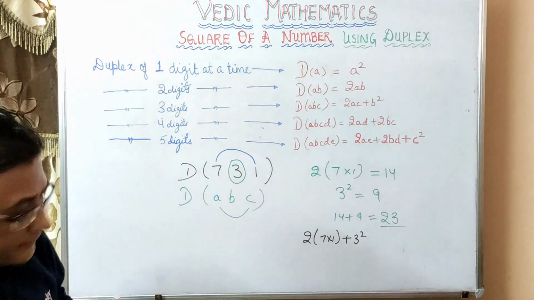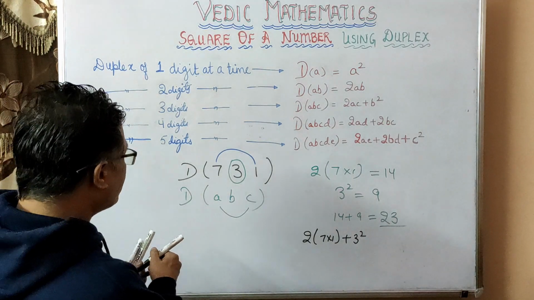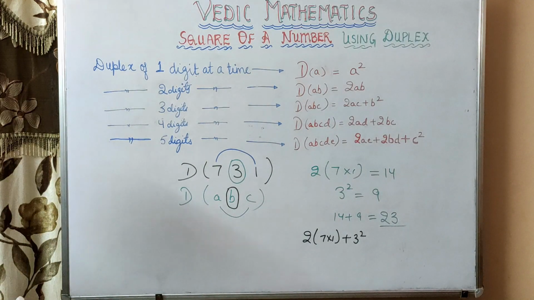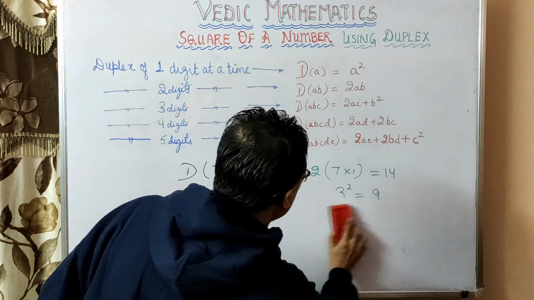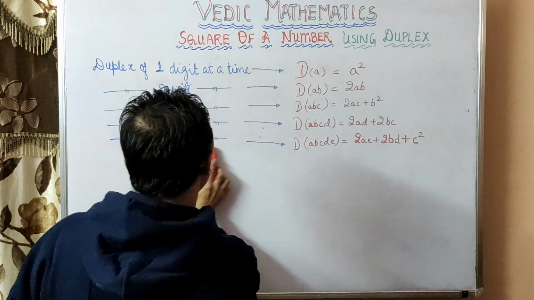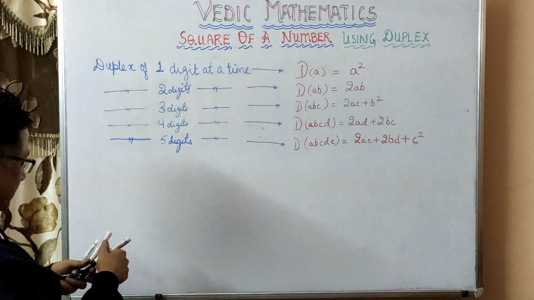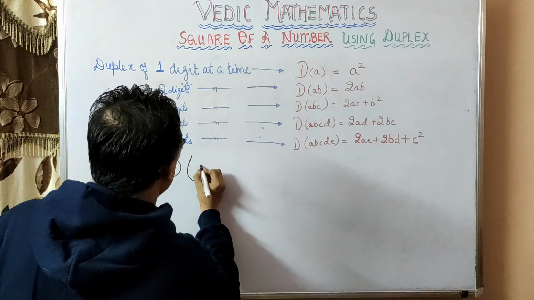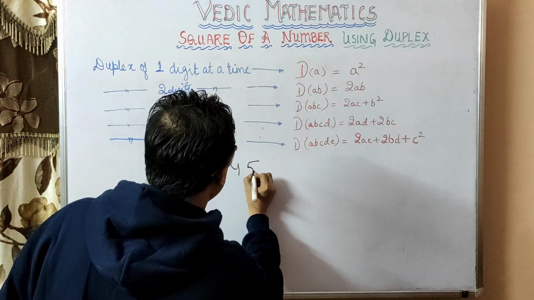So now let's go and calculate for our 4-digit number. Duplex of a 4-digit number, how do we calculate that? Duplex of, say, 2, 3, 4, 5.